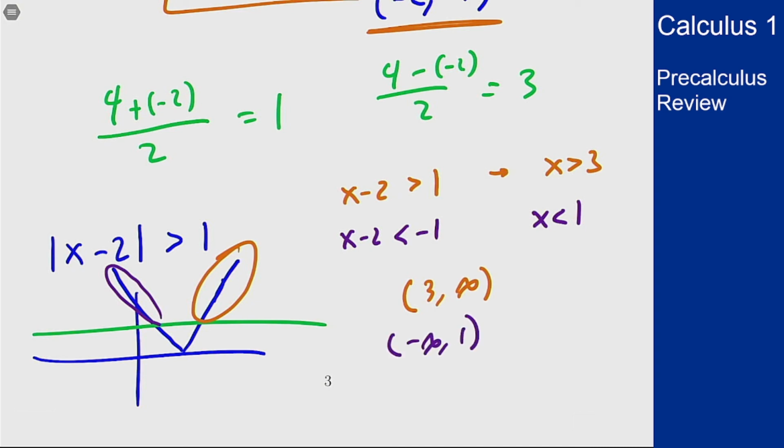And I could leave those as a list, or I could put them together with what's called a union sign, which is like a little U you put in between them. And that means I am taking these two sets and putting them together to make my new answer. So it's 3 to infinity union minus infinity to 1, because if I put those two sets together in the sense that I just take them all at once, that's the actual answer to where the absolute value of x minus 2 is bigger than 1.